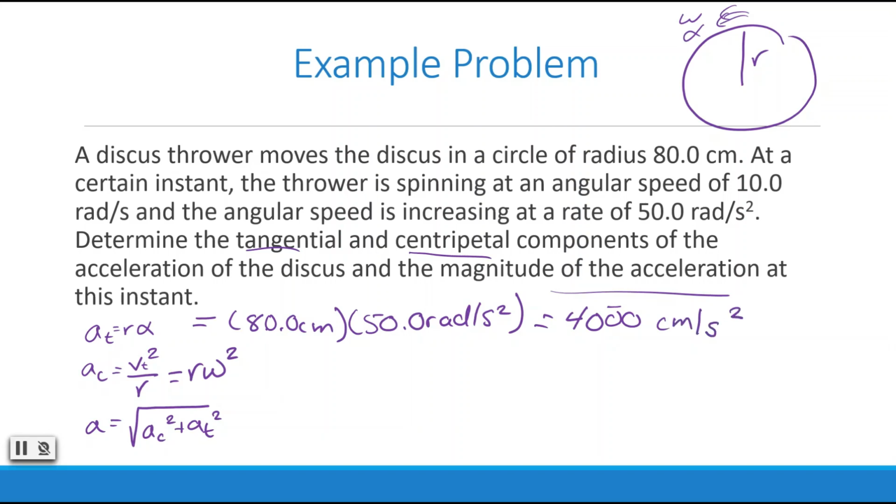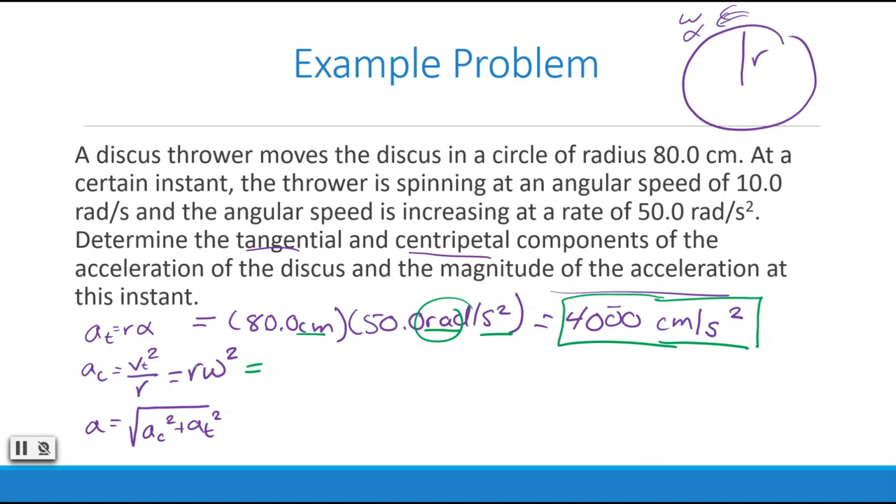When you look at these units, just one thing to be careful of. Notice that we're taking centimeters times radians divided by seconds squared. So what happened to the radians here in my unit? Like I mentioned earlier, radians is literally a placeholder unit. It doesn't exist. So anytime you're doing multiplication with linear variables, the radians just kind of goes away. We don't write it down because it's just a placeholder for that dimensionless angle unit. So our tangential acceleration is 4,000 centimeters per second squared.